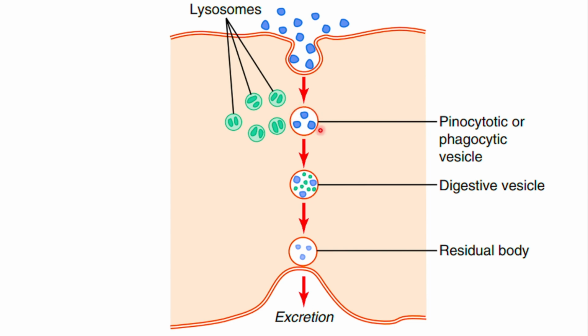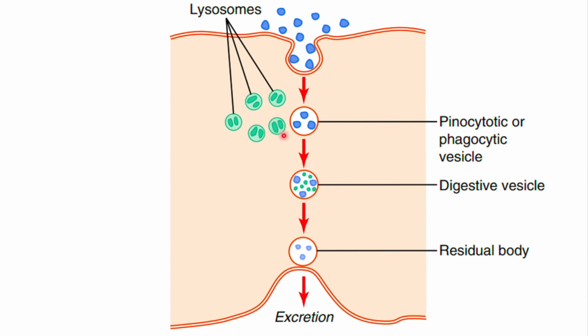Now when this endocytotic vesicle is formed, the lysosomes inside the cell will come and join with these endocytotic vesicles, and when they join, this will result in the formation of this digestive vesicle.